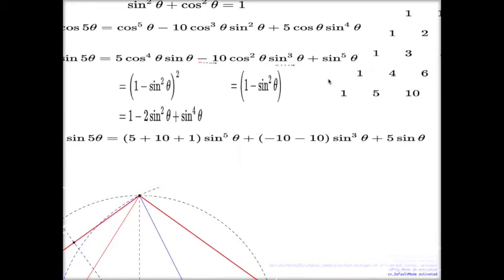And the linear sine with no power comes only once when this sine is multiplied by this 1. So the coefficient is 5. This is 5. So here's my representation of sine 5 theta in terms of pure sine of single theta. Any questions?